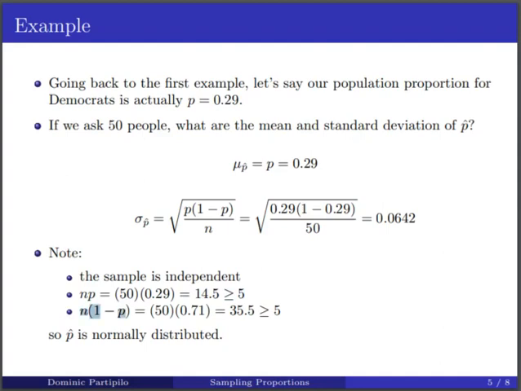And then n times 1 minus p is going to be 50 times 0.71, which is going to be 35.5, which is greater than or equal to 5. So we can say that p hat is going to be normally distributed.